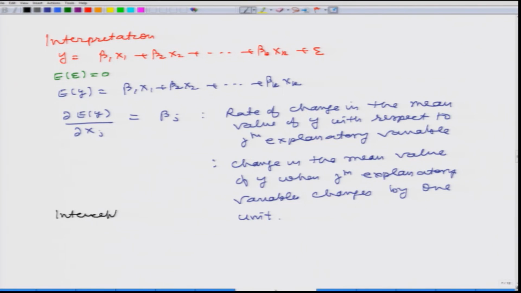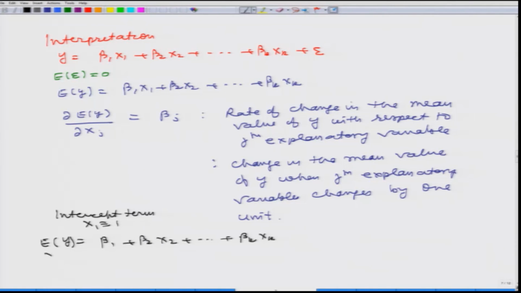In case I consider an intercept term, I simply have to take all values of x1 to be 1. In this case, the model will become expected value of y equals beta 1 plus beta 2 x2 plus beta k xk.